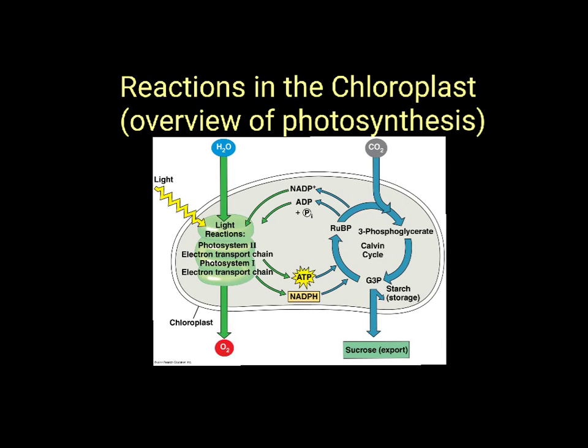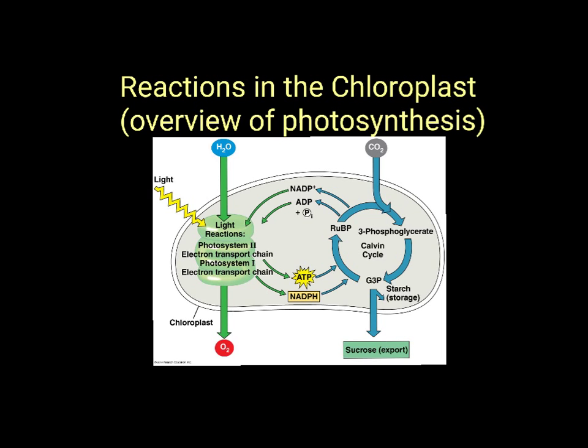outputs, and it produces ATP also and NADPH, and that goes into the Calvin cycle, whereas CO2 or carbon dioxide is needed, and as it goes around, it uses the RuBP, the three, I don't even know how to say that.